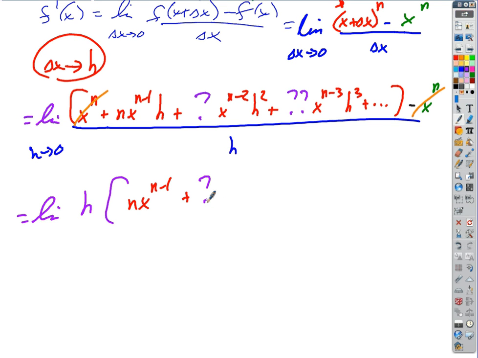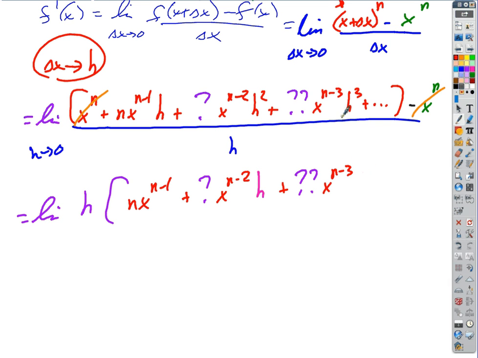Who knows what the coefficient is, times x^(n-2), times h, plus some other unknown coefficient times x^(n-3).